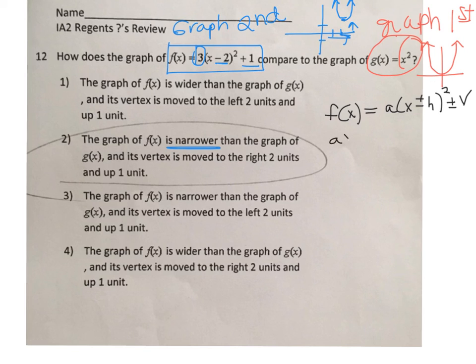So when a is greater than 0, the graph gets narrow, or narrower. When a is less than 0, for instance, 1/2, 1/3, the graph gets wider.